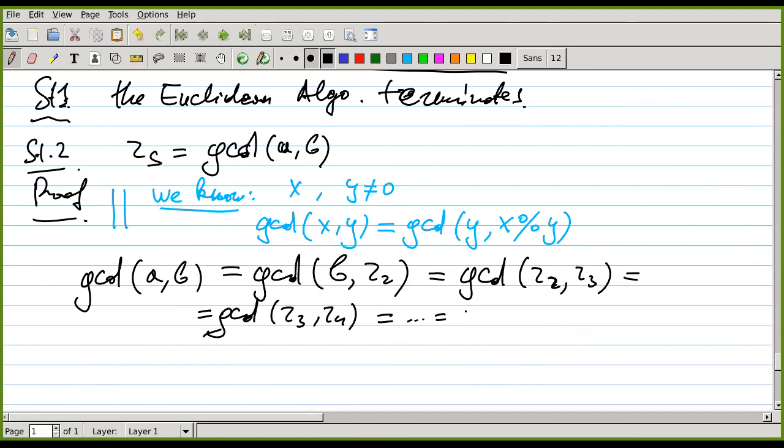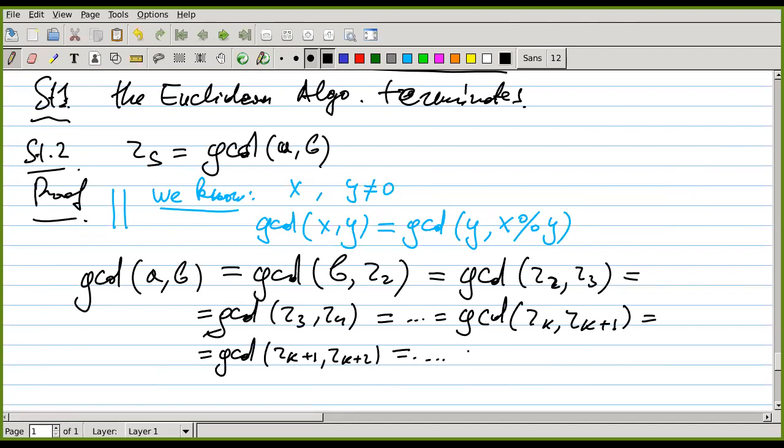And in general, we will obtain here the GCD of RK and RK plus 1, which will equal the greatest common divisor of RK plus 1 and RK plus 2, and so on. And in particular, we'll obtain the greatest common divisor of RS and RS plus 1. Is it clear?